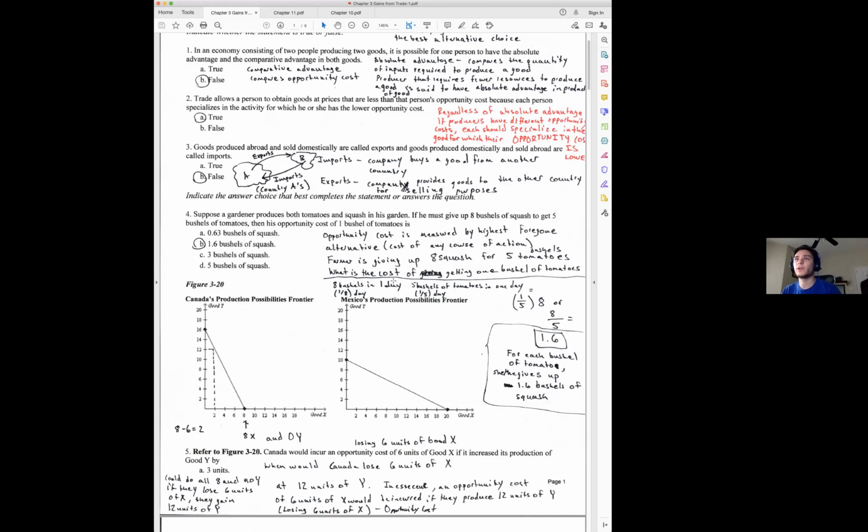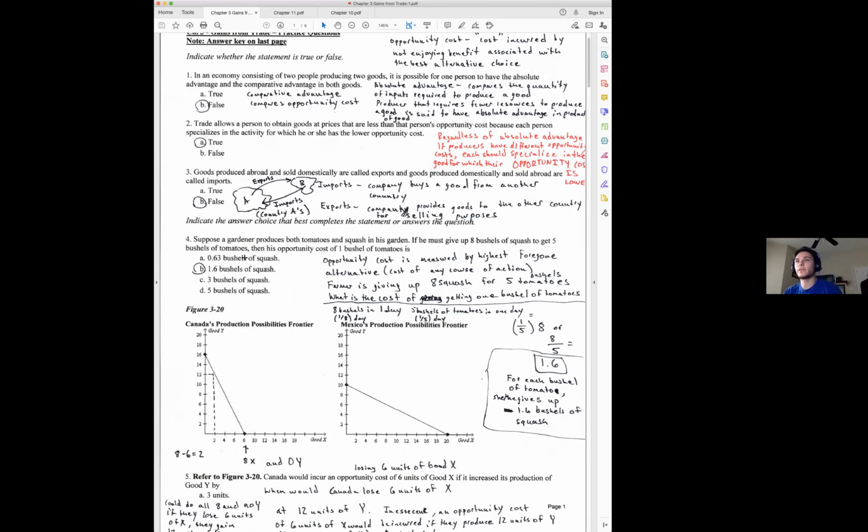So one of the ones that I went over in class that I always like to go over is: suppose a gardener produces both tomatoes and squash. If he must give up 8 bushels of squash to get 5 bushels of tomato, then his opportunity cost of one bushel of tomato is... Like I said yesterday, when you're looking at opportunity costs, it's always what you give up over what you get.